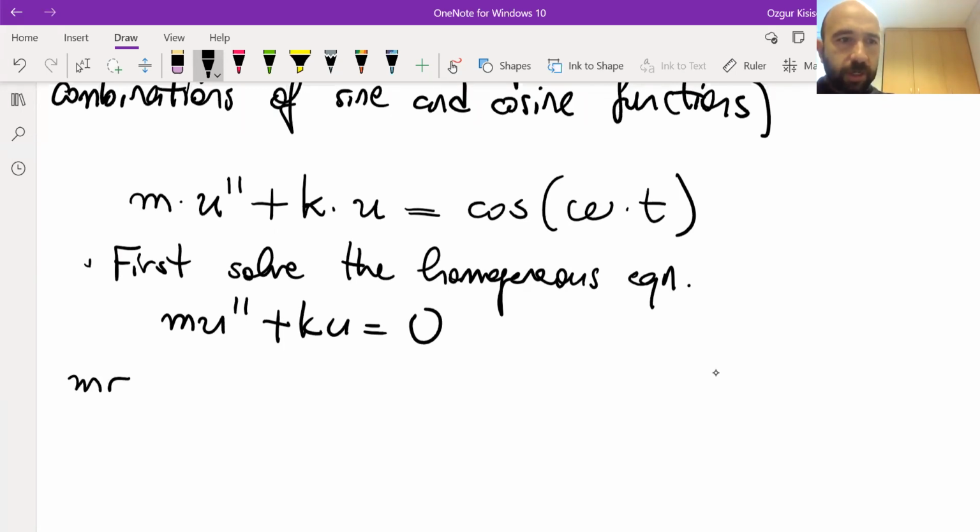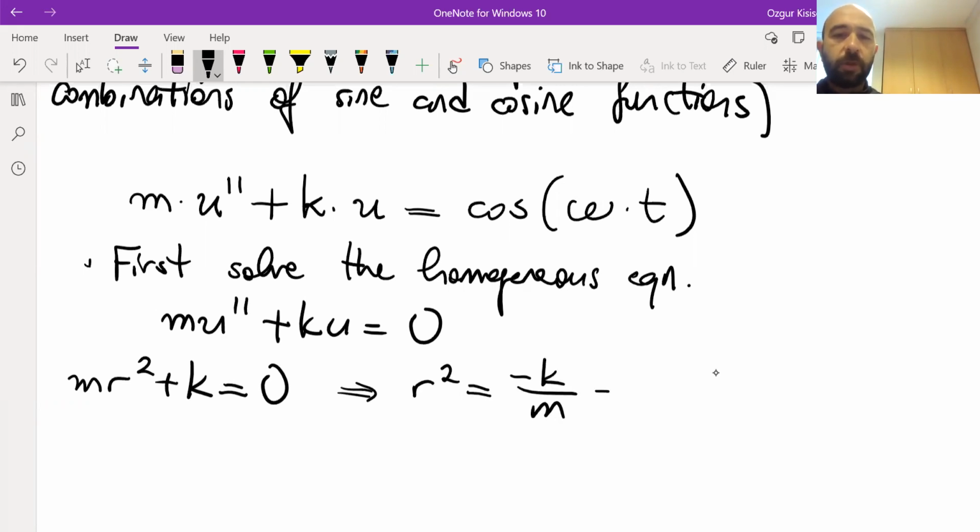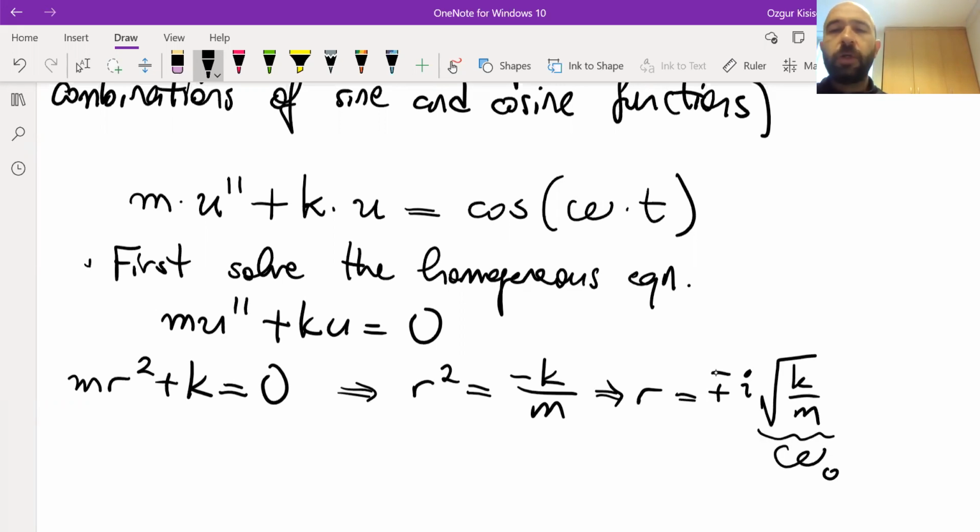So you have to write the characteristic equation: m r squared plus k equals 0. And r squared equals minus k over m. Therefore, r is plus or minus i times the square root of k over m. We call this quantity omega 0, the natural frequency.